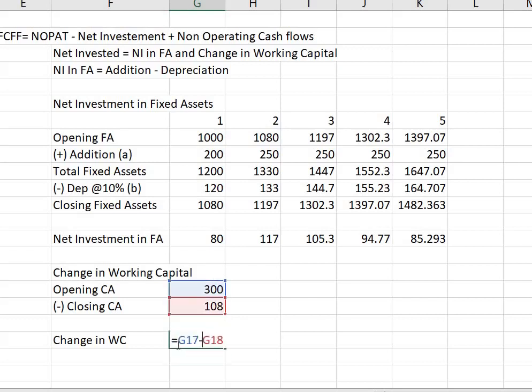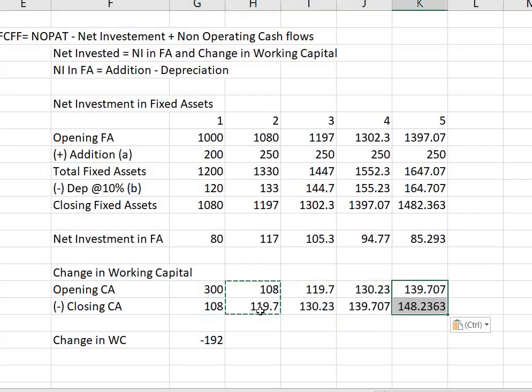So I am denoting this decrease with the minus sign, right? Closing current assets of the current year obviously will become the opening for the next year, and so on. We'll be calculating 10% of the next year. So this is how we have made the calculation.